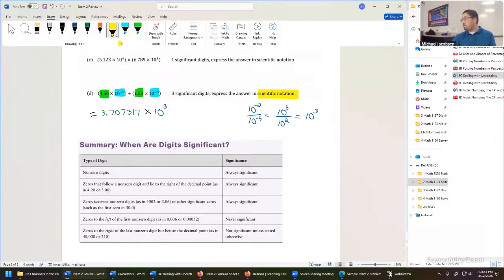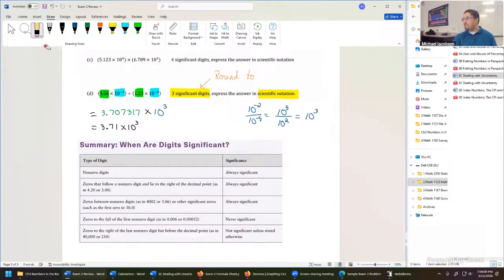But we also want 3 significant digits. Now, there are different ways to interpret this. I usually interpret this, and I think this is what my lab did as well on the homework problems, as round to 3 significant digits. That means this would round up to 3.71 times 10 to the power 3.